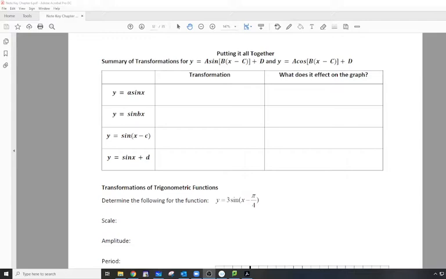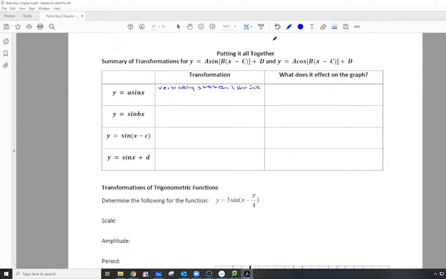So let's start with A. The A value is a transformation on X or Y. Since it's not in the bracket with X, it's a transformation on Y. So what can it do to Y? Well, there's two things it can do. It can vertically stretch or shrink.